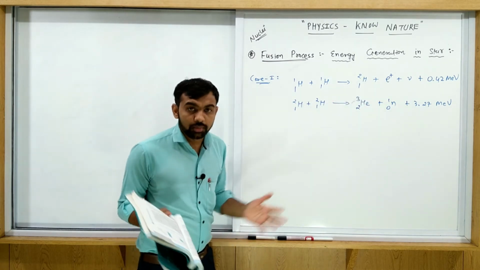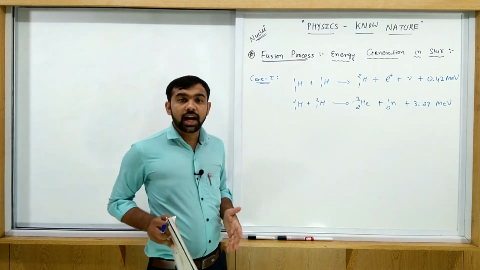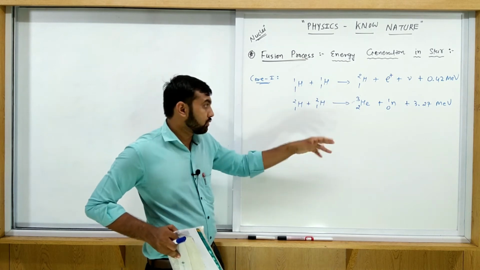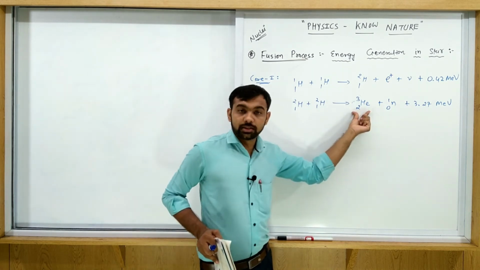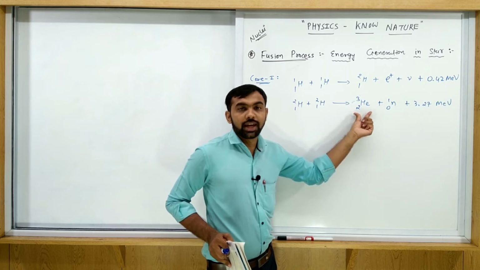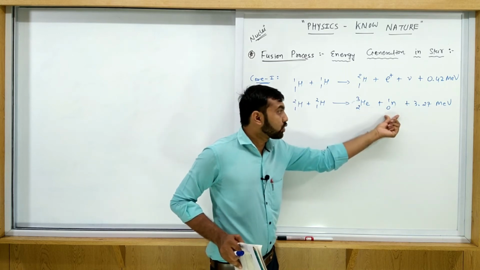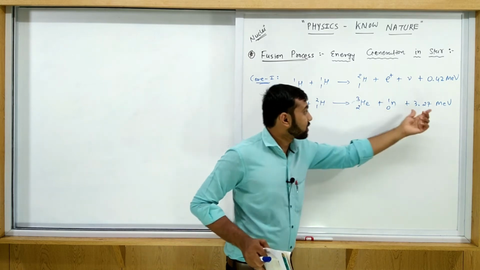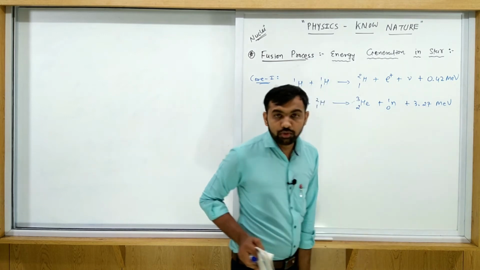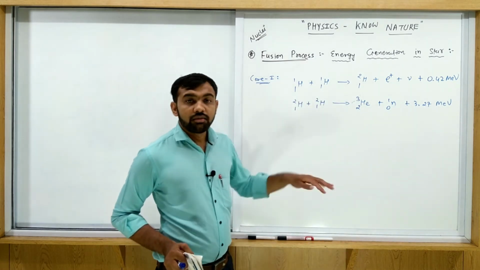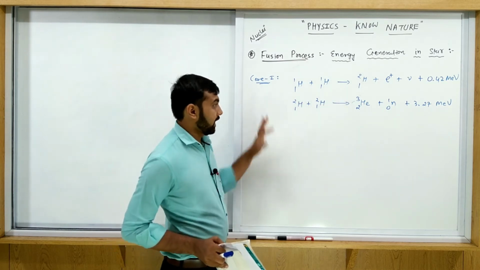Now these two deuterium are again joined to each other at very high temperature, and one isotope of helium is formed, with one neutron released here. In this process 3.27 MeV energy will be released.